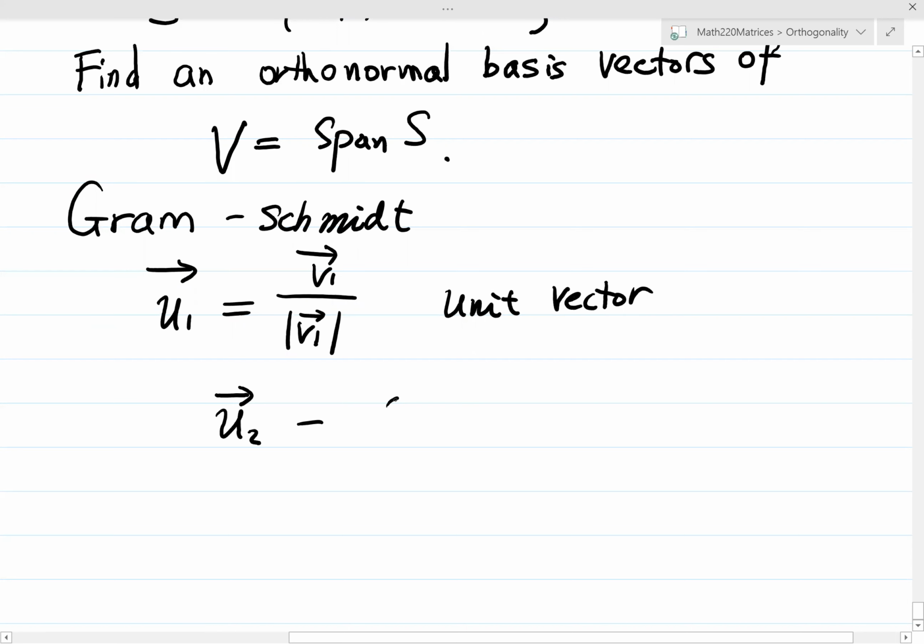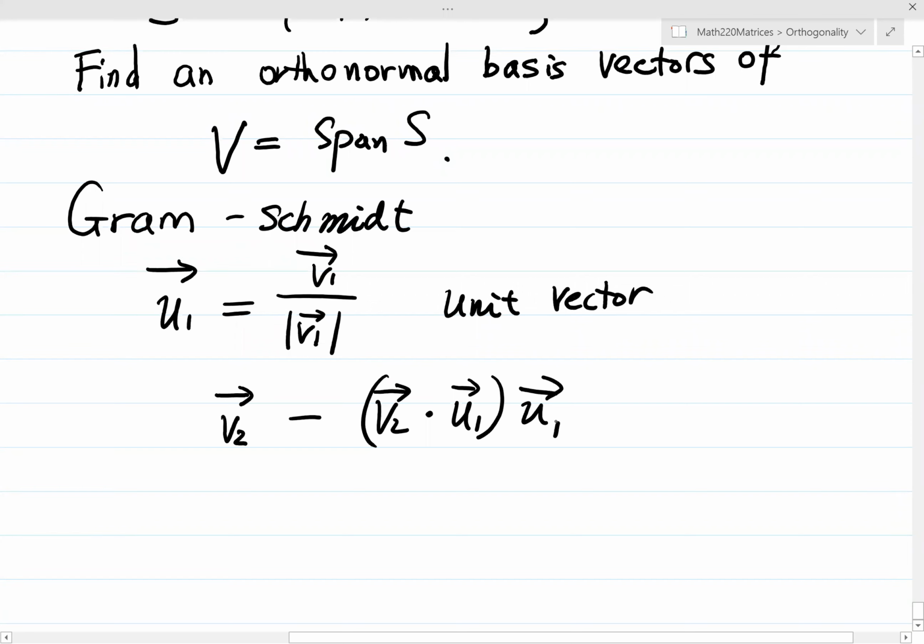So we are given the vector V2, and we subtract V2 dot product with U1 times U1. Now U1 is already a unit vector. Okay, so this is the projection of V2 along the direction V1.